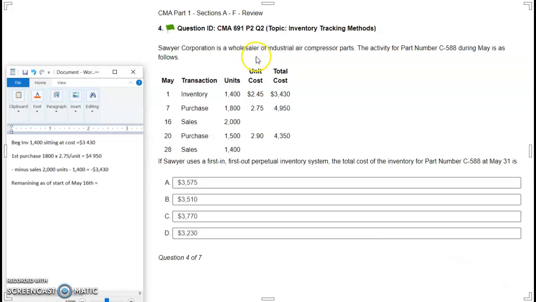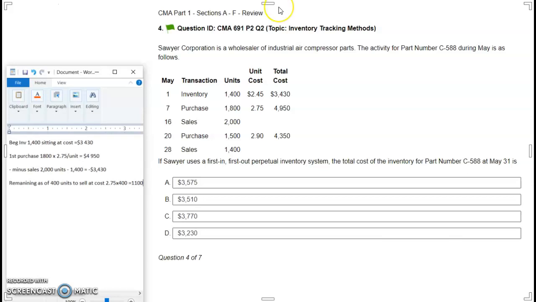The remaining 400 units to sell are at a cost of 2.75 times 400, which equals 1100.